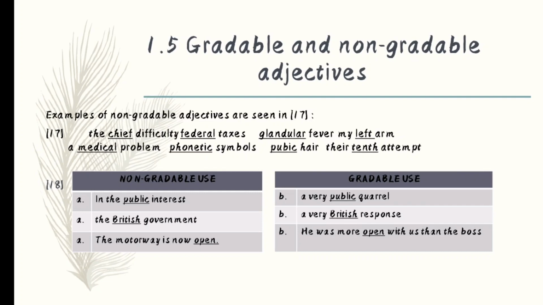There are also non-gradable adjectives, as in "an alphabetical list." Alphabetical thus denotes a non-scalar property. For examples of non-gradable adjectives: "the chief difficulty," "a medical problem," "federal tax," and the underlined ones are non-gradable adjectives.